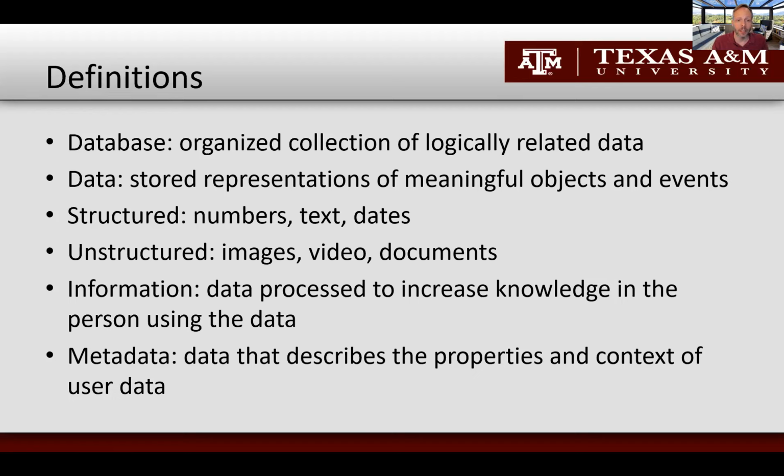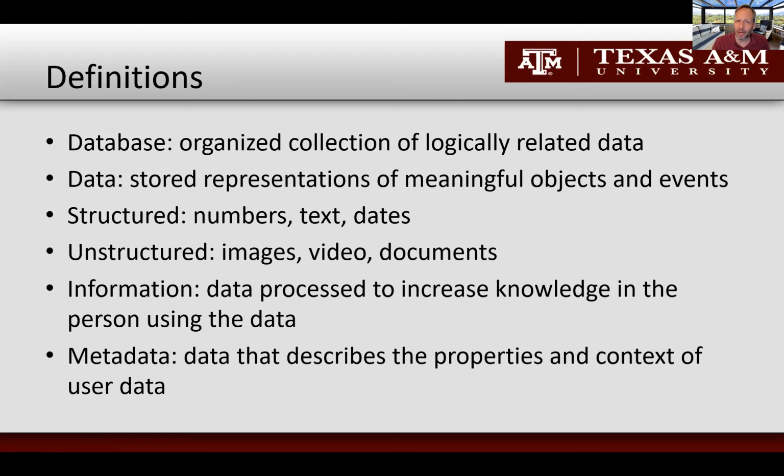Data, as I keep mentioning, is some sort of representation of real things, objects, events. It could be prices. It could be, like I said, your GPA or your score on something. Data could be structured, like numbers and dates and texts, but it also could be something unstructured.